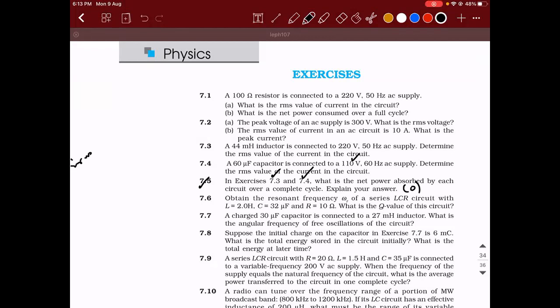Because the formula is VRMS into IRMS into cos phi, right? Where phi represents the phase difference between the voltage and the current. For an inductor and a capacitor, phi is equal to pi by 2, that is 90 degrees. If you substitute it here, the answer will be 0. That kind of circuit which does not consume any power is called wattless current.